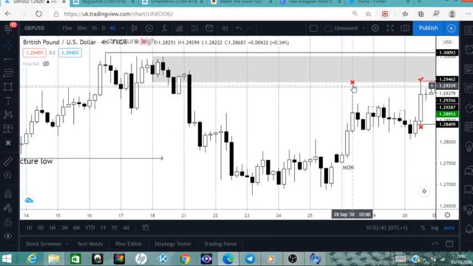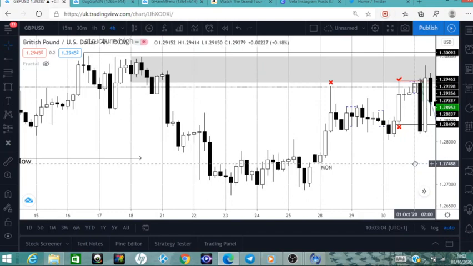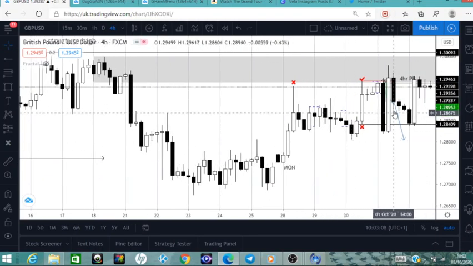Wednesday came and took the liquidity above Monday. Now I was really interested, as I believe Wednesday could possibly make the high of the week, and we did take it, but we didn't get the reaction we wanted until the Thursday, which is where my trade, as we move along, will show.